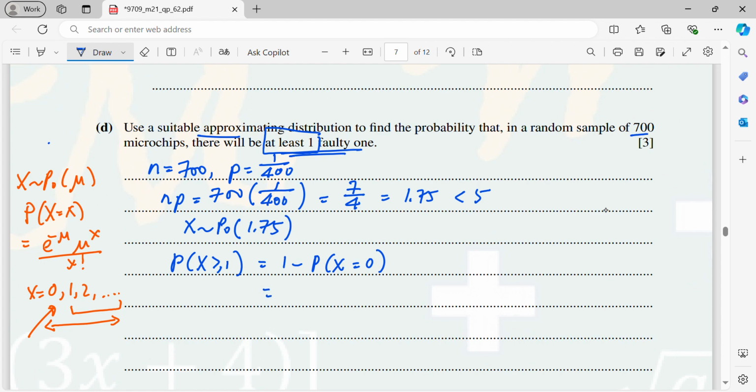When P(X = 0), substitute into this formula, it will be e to the minus 1.75, then 1.75 to the power 0 is 1, over 0 factorial, also 1. So the answer is 1 minus e to the minus 1.75. This is your calculation steps, and you can calculate this value as 0.826. So that's the solution of this question.